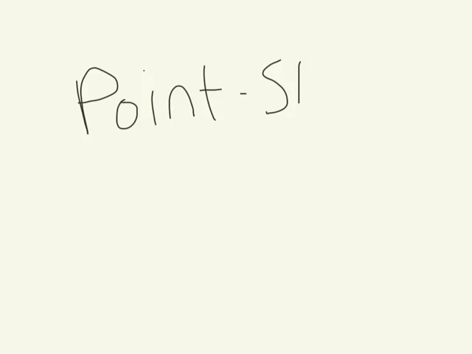Instead, we are going to use something called the point slope form. This is where we can use the slope of a line and any point on the line to write and graph an equation of that line.